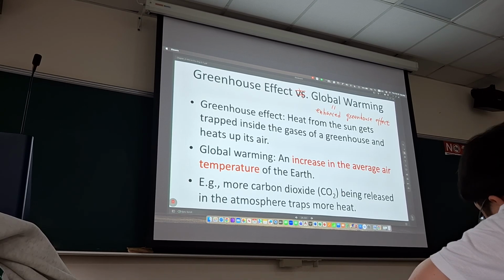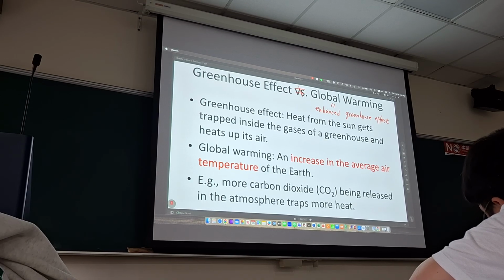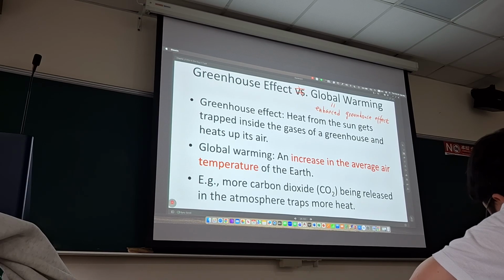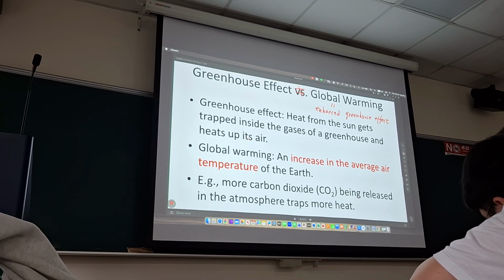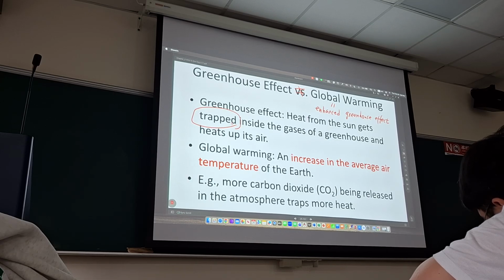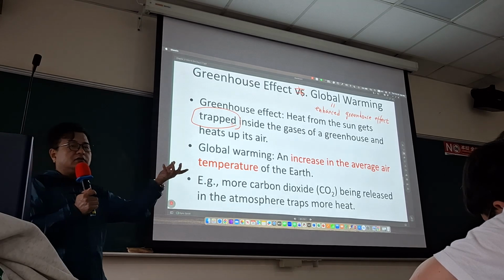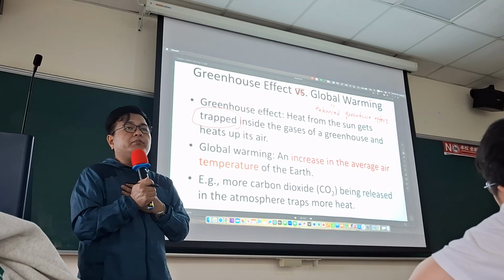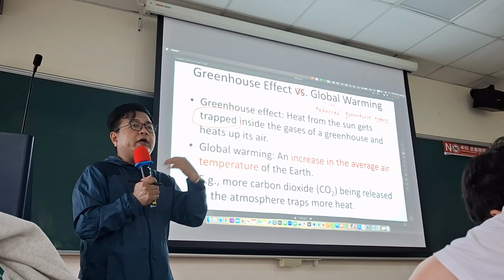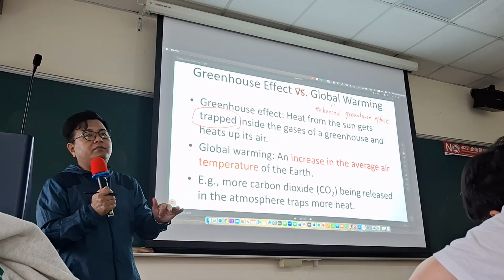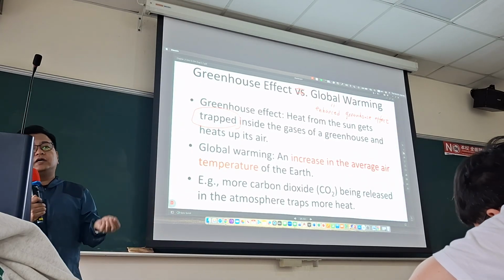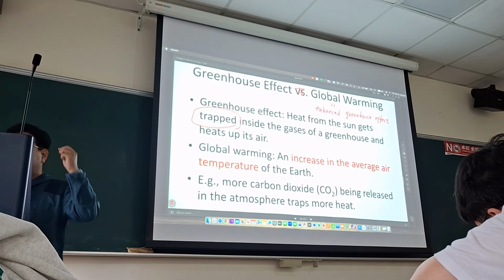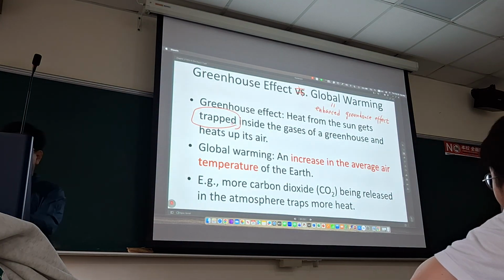Because, as I say, the greenhouse effect is a good guy. It's due to the heat from the sun getting trapped inside the greenhouse gases and heating up the air, so the temperature is suitable for human beings. But we humans produce carbon dioxide and methane, which enhance the greenhouse effect.